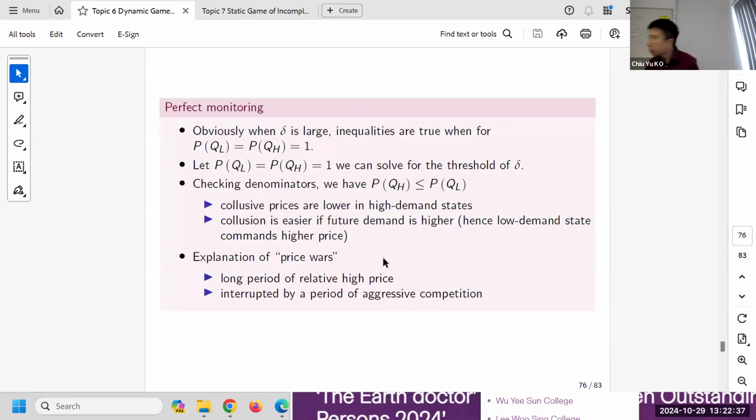You can show that the price under the low case must be less than the high one. And that's the reason why they argue this.